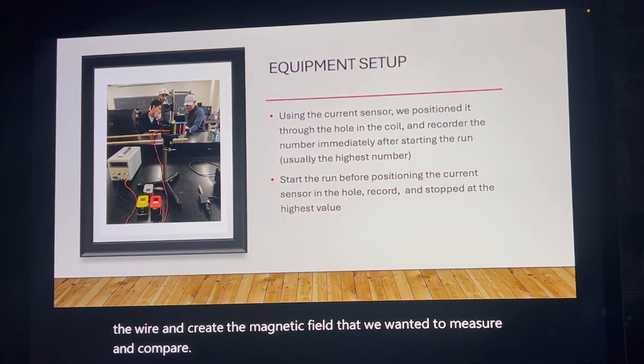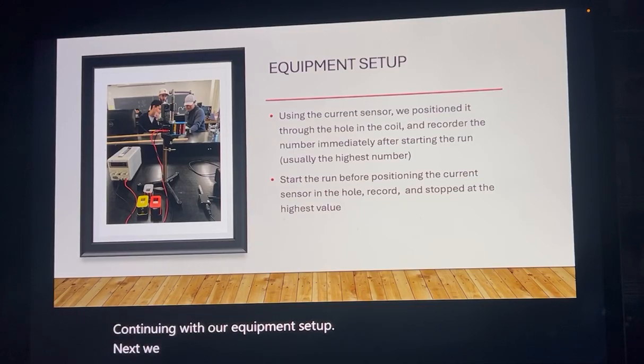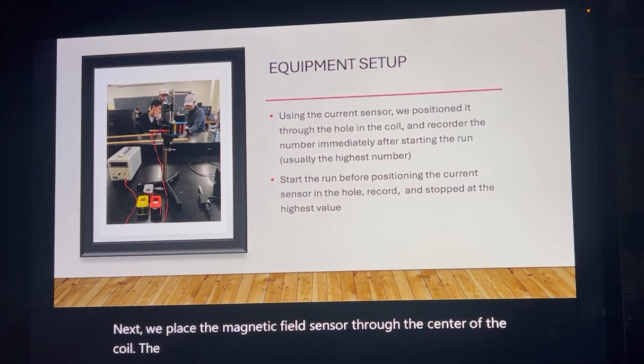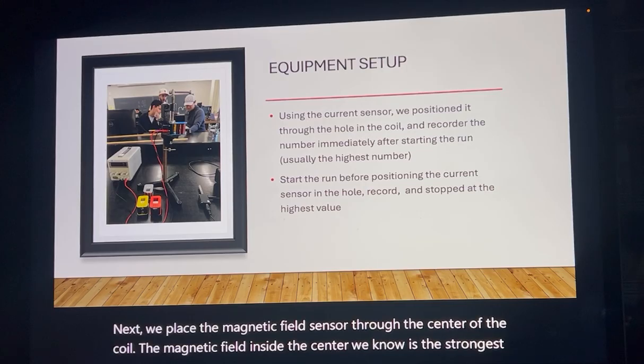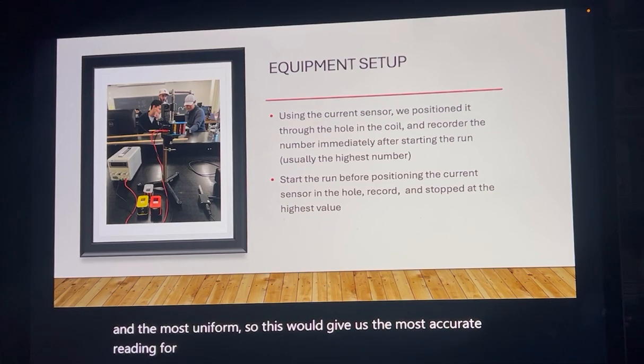Continuing with our equipment setup, next we place the magnetic field sensor through the center of the coil. The magnetic field inside the center we know is the strongest and the most uniform, so this would give us the most accurate reading for our experiment.